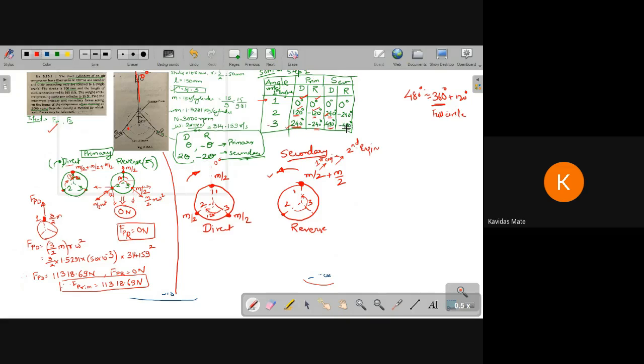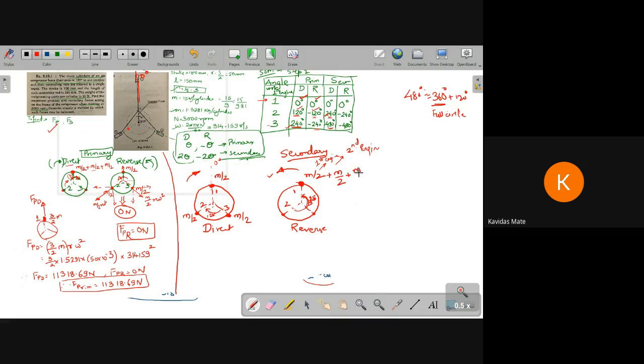Coming to the secondary reverse, this minus sign is given by this rotational angle. So where will it be located? Ideally it should be located at this point, but it will move 480 degrees. Again, 480 means 360 plus 120, in the direction of this particular thing. So it will go from this one, come to 360, and then go 120 degrees.